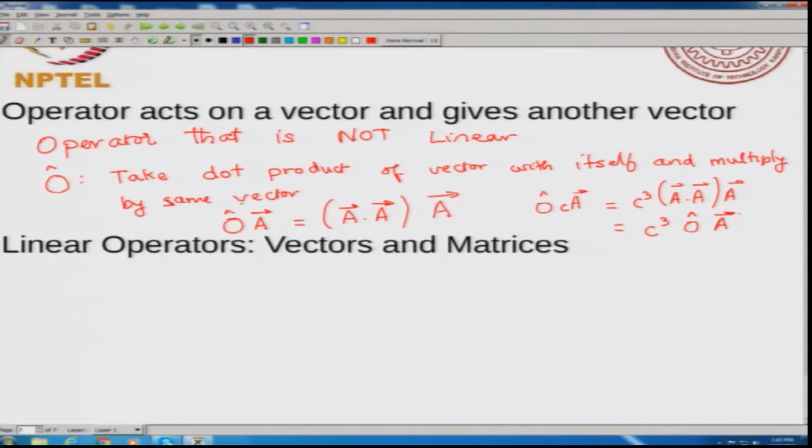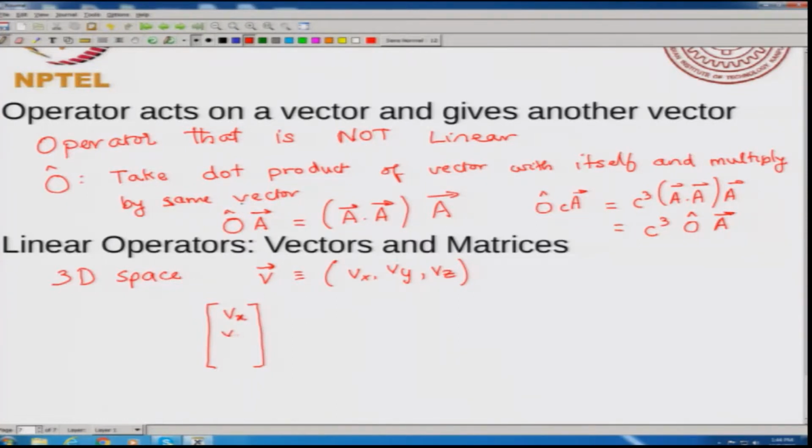Now linear operators have a connection with matrices, okay, and you can see this in the following way. Suppose I take my vector, okay. So let us consider 3D space again, okay. So my vector V has components Vx, Vy, Vz, okay. Now I can think of my operator, okay. I will write this as a column vector.